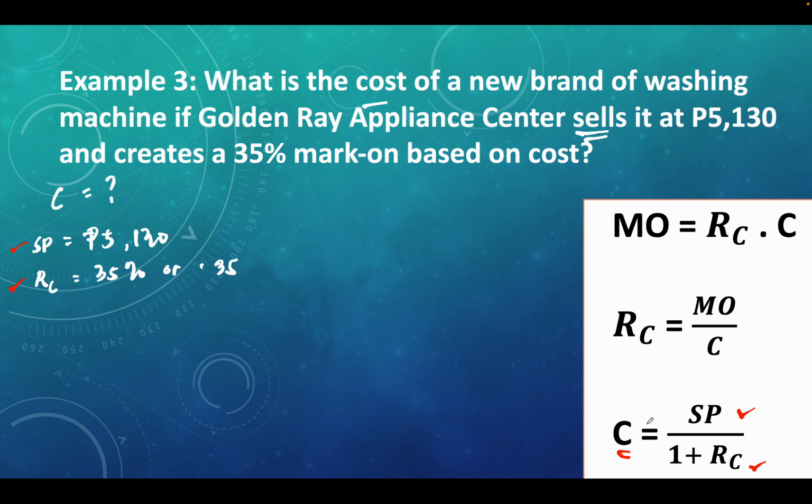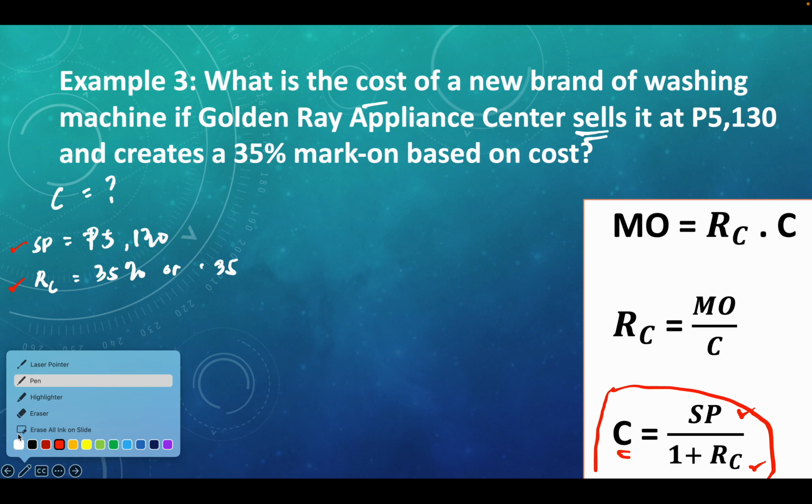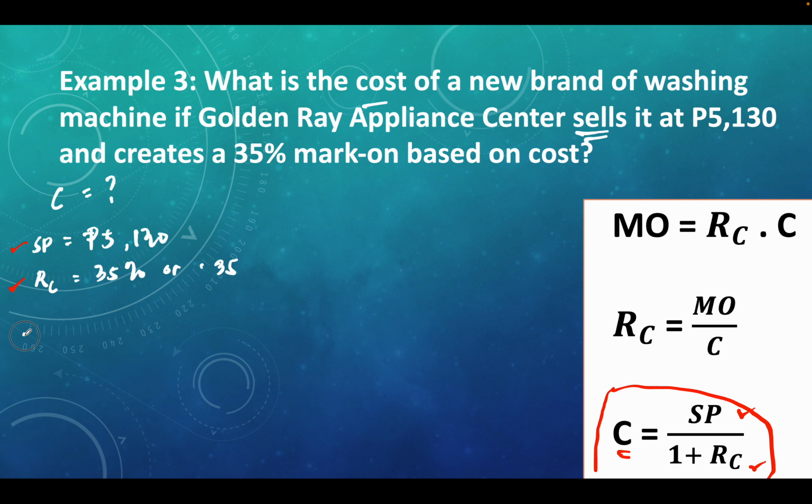So we will just simply use this formula and then substitute the givens that we have. So we have the cost is equal to the selling price over 1 plus the rate based on cost. Substituting, the selling price is equal to 5,130 all over 1 plus the rate based on cost, which is 0.35.